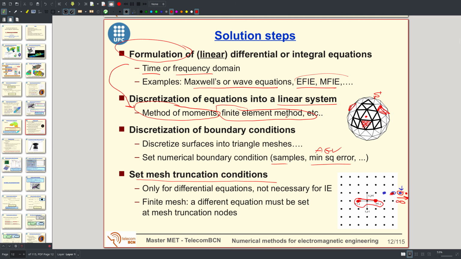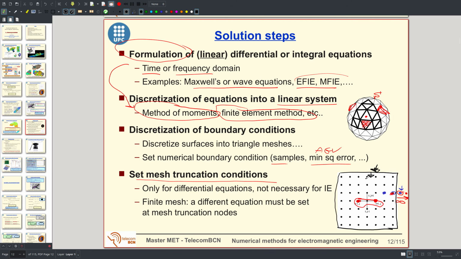So you have to do a mesh termination somewhere to convert the volume into a finite volume. And you need what's called a mesh truncation condition here, that is a differential equation that is valid on the boundary. It only needs samples of the field inside the boundary but not outside the boundary.